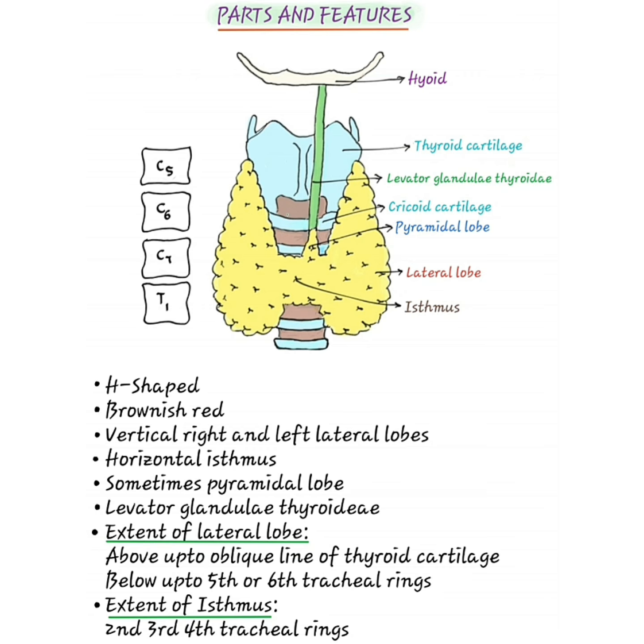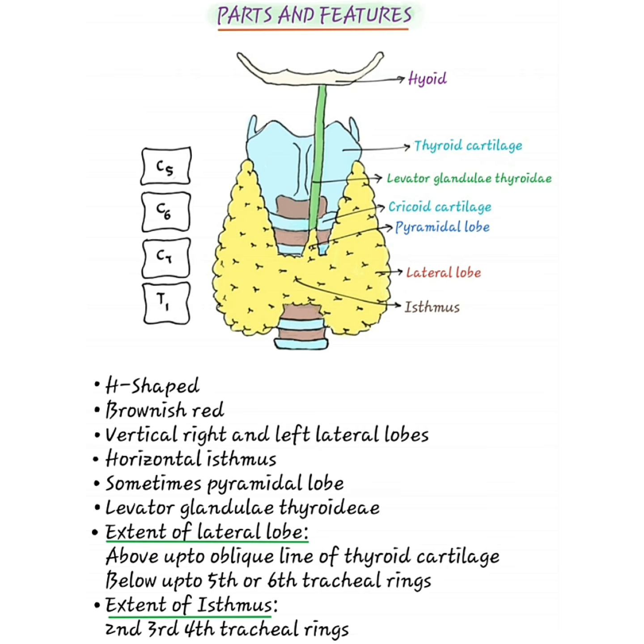This is the thyroid cartilage. Next to it, cricoid cartilage. Next to cricoid cartilage, first tracheal ring. And the isthmus lies in front of second, third, fourth tracheal rings, then the fifth and sixth tracheal rings. So you can see that below it is extending up to the fifth or sixth tracheal rings.